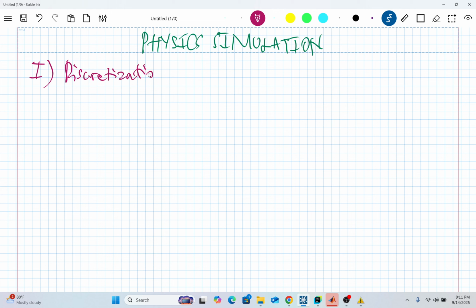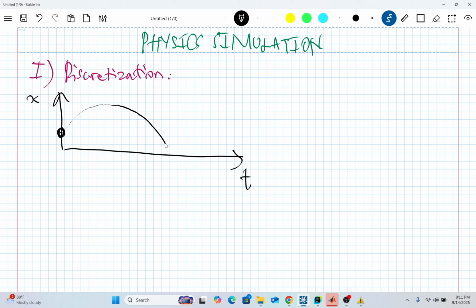Discretization. Okay, for example, in our world, if I have an axis of x and y here, and t, like I throw an object in the air, it's going to go from this, go all the way and hit the ground. This is in real life.